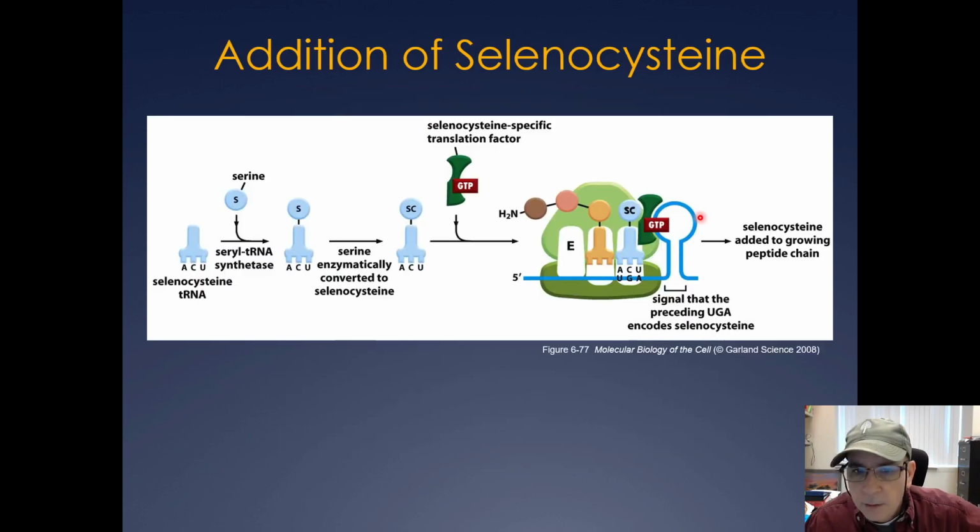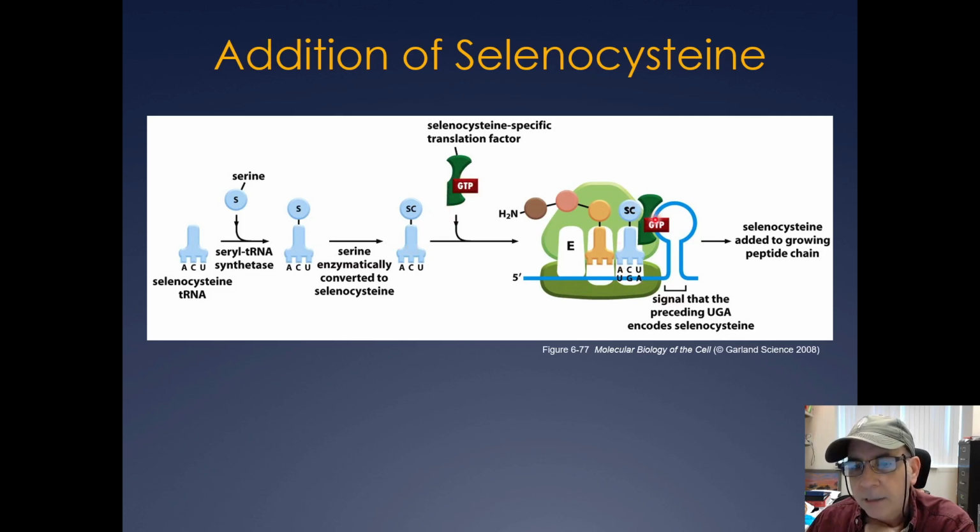Now, occasionally a specific amino acid, a modified amino acid, can be put in. Selenocysteine is an example, and so you'll have a selenocysteine tRNA, and that will actually be charged with a serine, and then that gets enzymatically converted to selenocysteine, and then you have a specific selenocysteine translation factor, a small G protein.